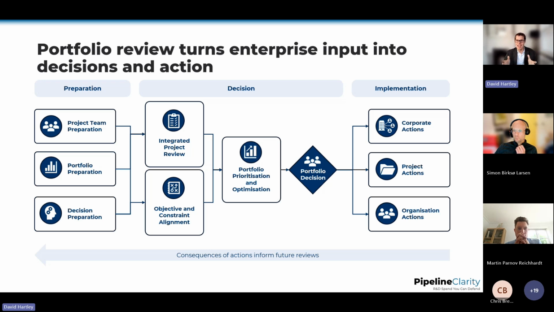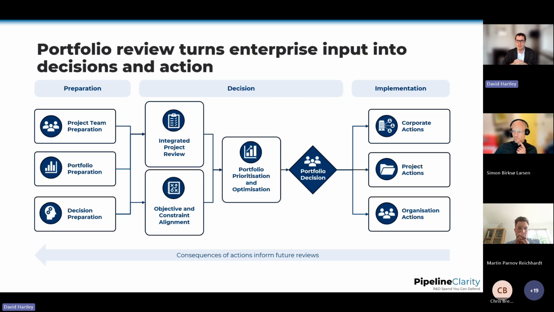After all of that's happened, ultimately, there are some consequences of those actions that then flow back and inform future reviews and future considerations of how capital and resources are going to move. So what we'll do in the next section is talk through each of these three broader sections in a bit more detail, so you can understand what we mean by each of the boxes on this page.